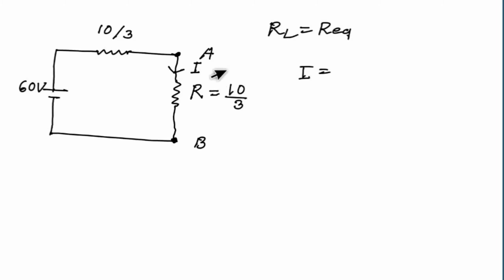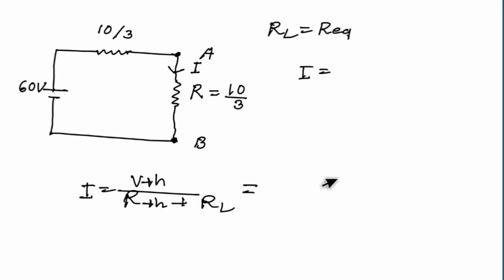Now we will find the current. Here the current I is VTH divided by the total resistance, RTH plus RL.